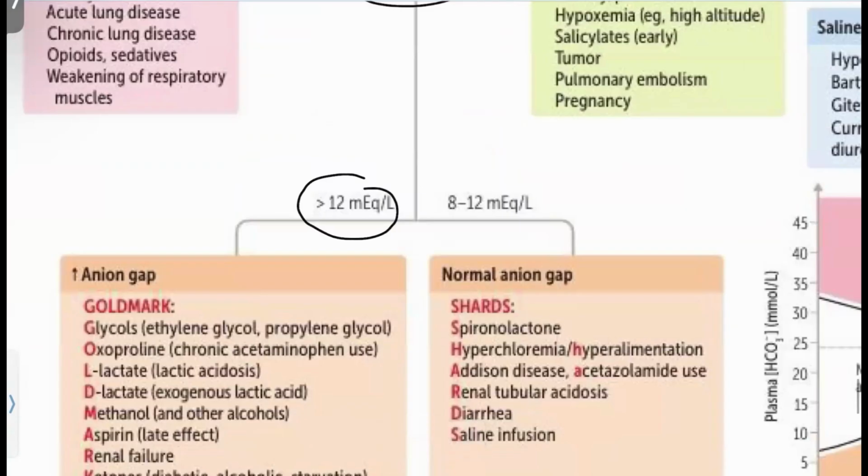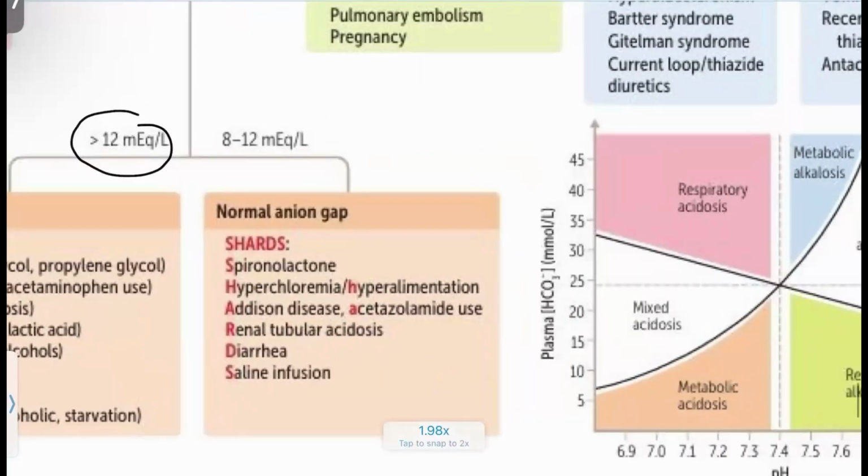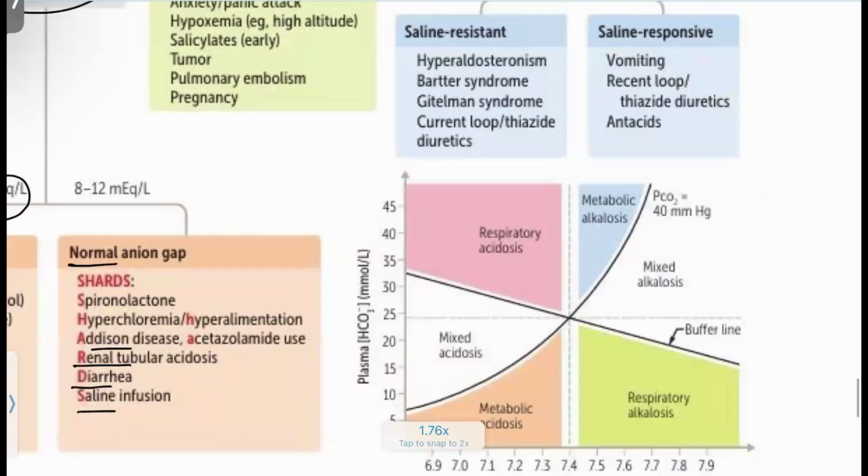If it is more, the high anion gap, here you can see the glycol poisoning or the patient is having lactic acidosis, methanol poisoning, salicylate poisoning, and renal failure, diabetic ketoacidosis patient. Next, coming to the normal anion gap, then the patient is likely to have Addison's disease, renal tubular acidosis, diarrhea, or saline infusion. So these are the conditions.